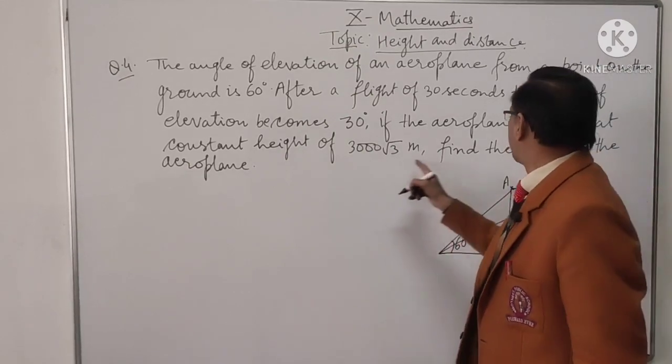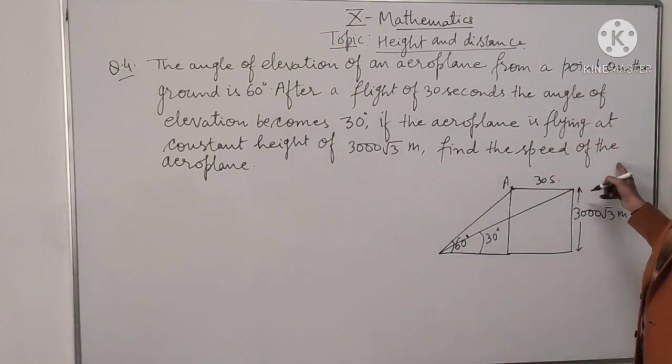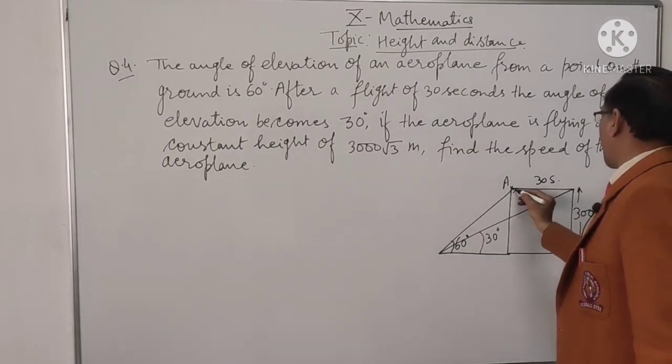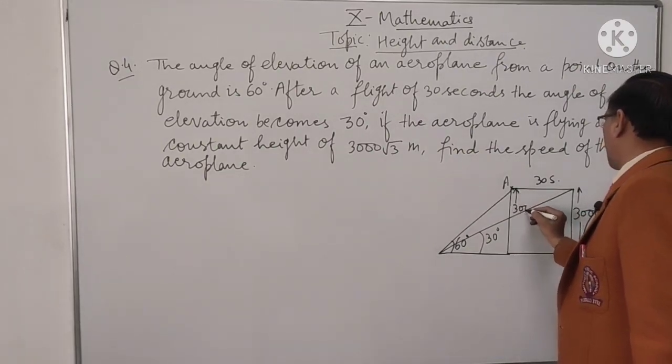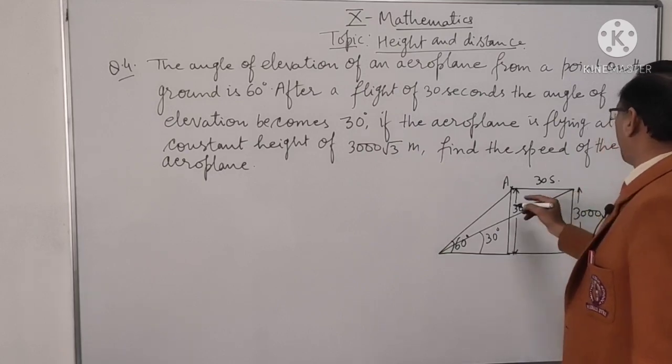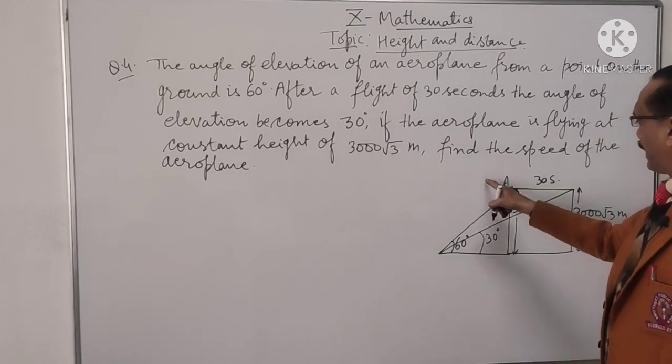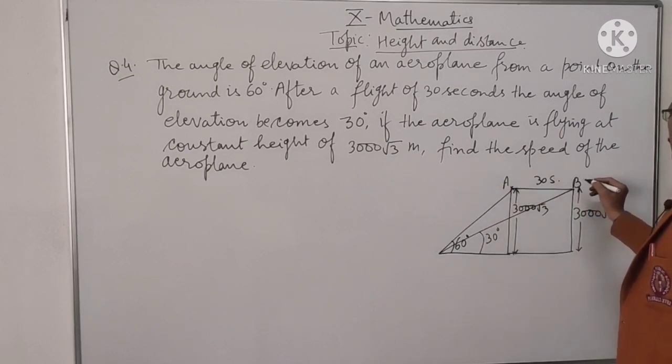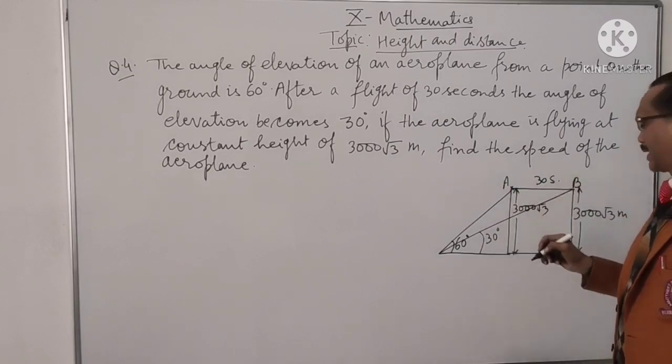Find the speed of the aeroplane. Student, this height is also 3000 root 3. Let the aeroplane go from point A to point B in 30 seconds.